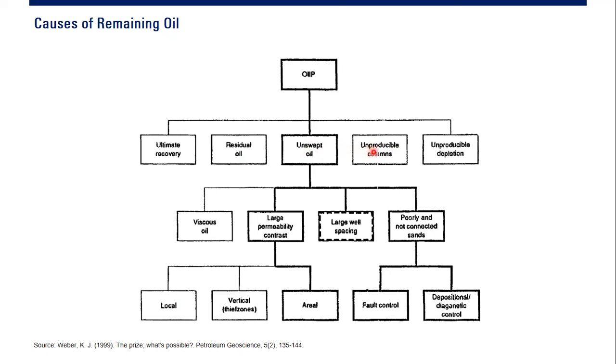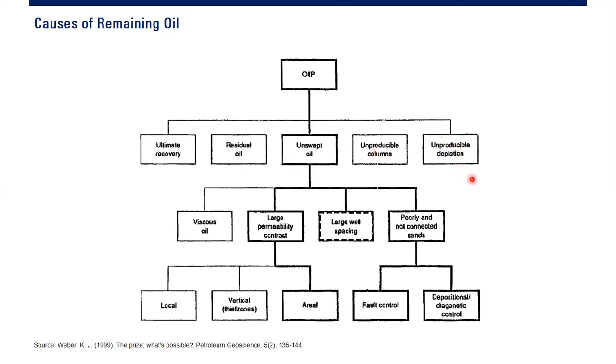But unproducible column is oil that is located in places which are very, very difficult to access. Somehow we cannot drill our new well at that column, at that zone, at that specific area, because of many reasons.